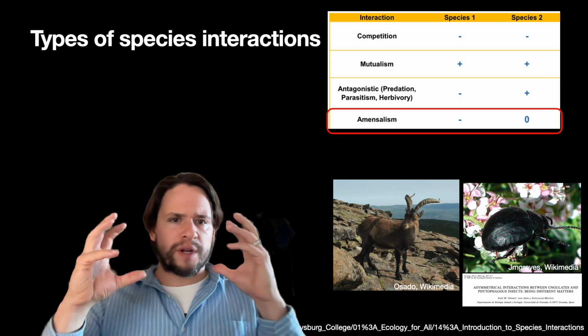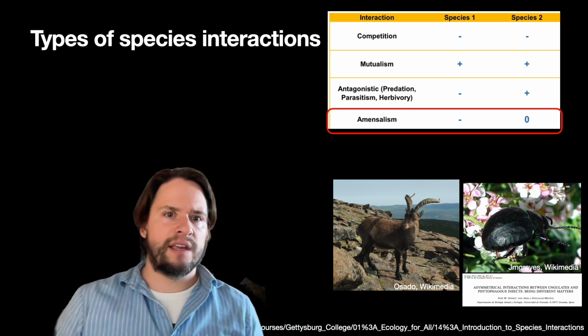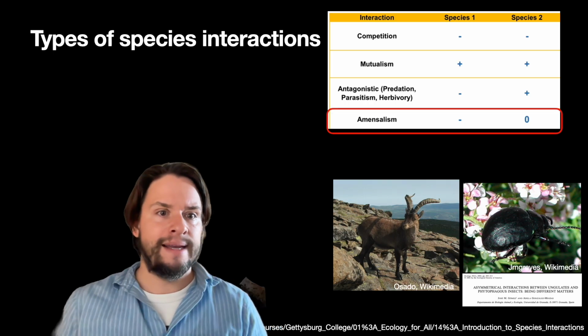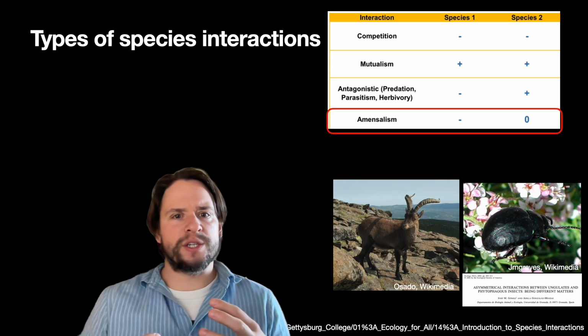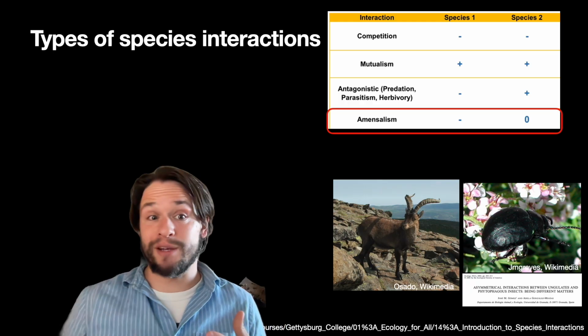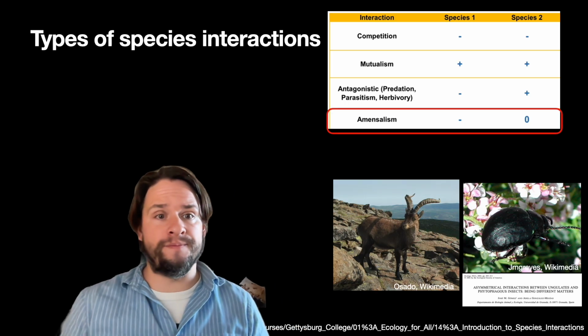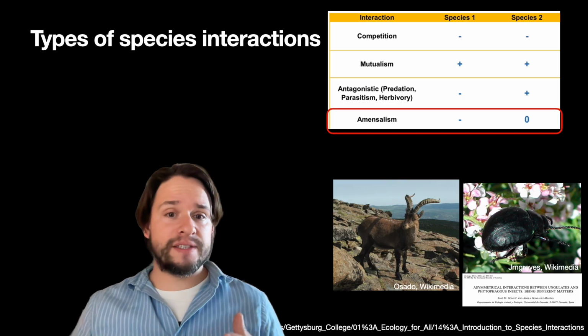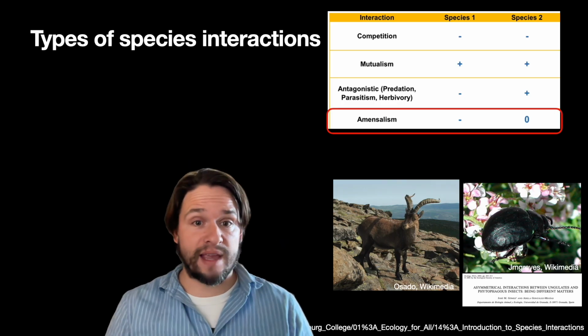And those three, competition, mutualisms, and antagonistic interactions, we can think of as, in some ways, the stronger interactions. But there are also interactions that still are important but maybe aren't so strong or are strongly asymmetric. So for example, here there's a nice example of an ibex and a weevil that actually feed on the same plant.